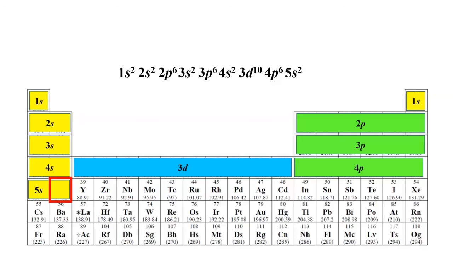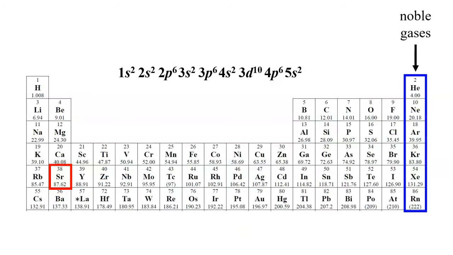Now strontium is in period 5, but the noble gas at the end of period 4 is krypton. And that would abbreviate all but 2 of the electrons in strontium's electron configuration. So if I write krypton in brackets, that's Kr in brackets, all I have to write is 5s2 to complete that electron configuration.